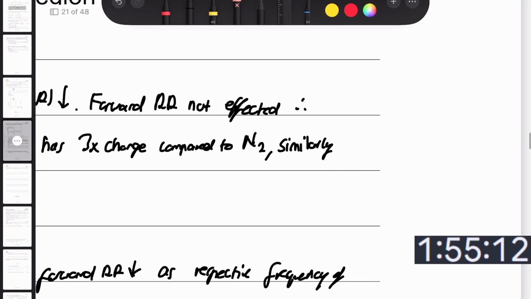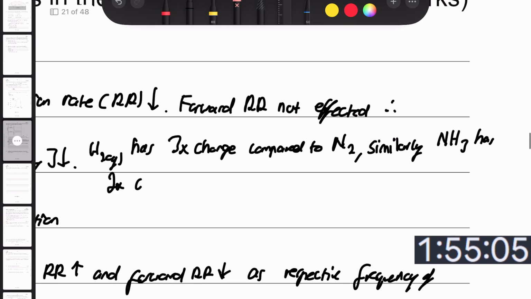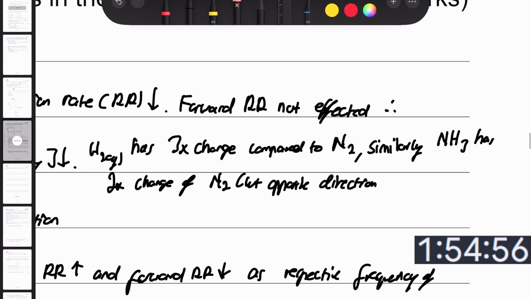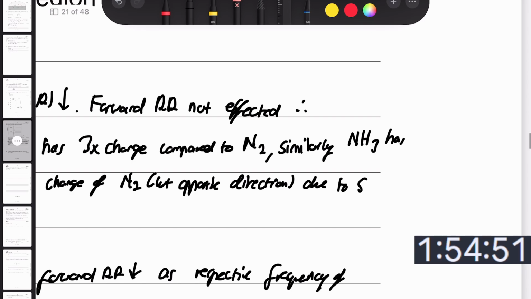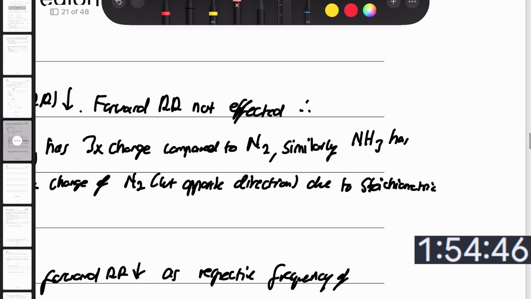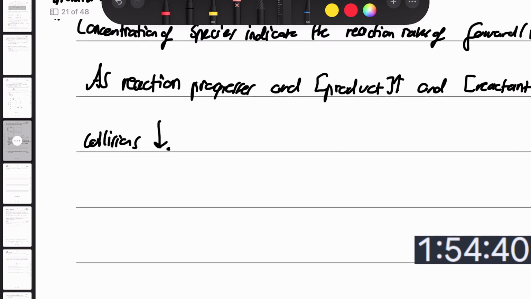Similarly, NH3 is twice the change, in the opposite direction, due to stoichiometric ratios. Frequency of collisions decrease and increase.